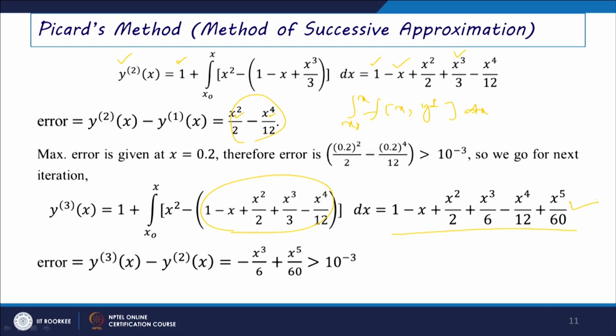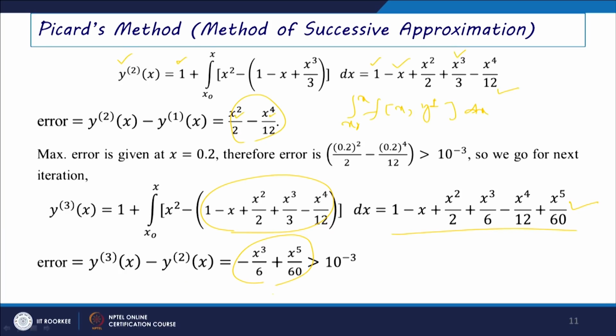Again we compute the error, y3 of x minus y2 of x. Earlier we got 1 minus x plus x square by 2 plus x cube by 3 minus x to the power 4 by 12. Subtracting, the rest of the terms are minus x cube by 6 plus x to the power 5 by 60, which is also greater than 10 to the power minus 3.